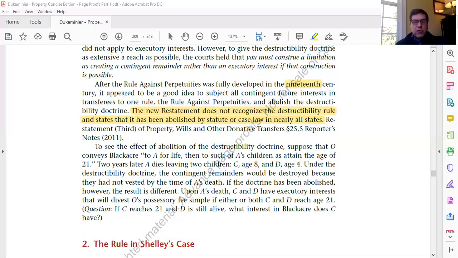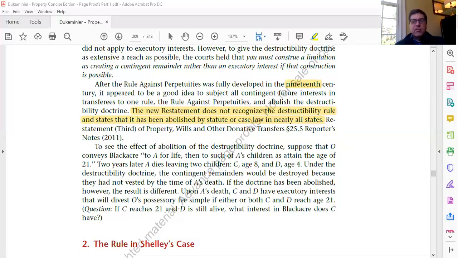Is there another future interest? Well, T had a vested fee simple estate in Blackacre and transferred a vested life estate in Blackacre, and then a contingent fee simple in B's children who survive B. But if we apply Professor Syme's formula, then we find out that T has a reversion, or technically, since T is dead, I guess T's successors, T's estate, has a reversion in Blackacre, because the vested estate that T had, fee simple, was of a higher quantum than the vested estate that he gave, the life estate.